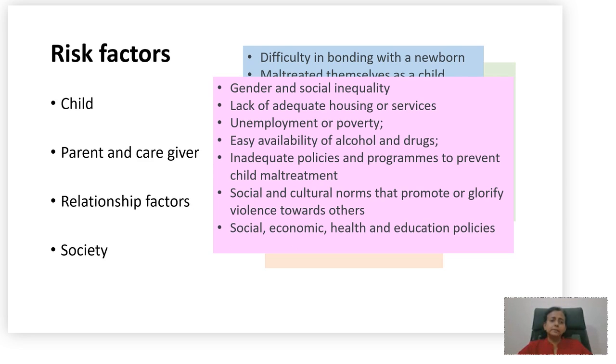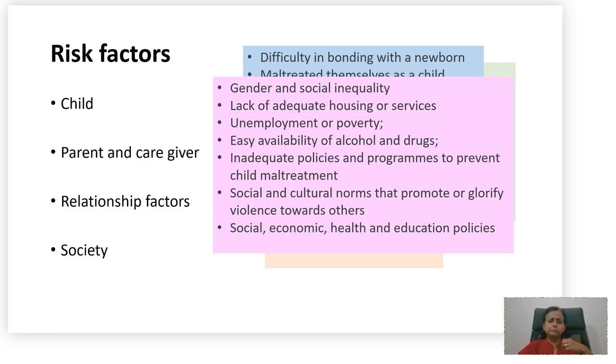And then there are certain factors, the parent or caregiver factors. Difficulty in bonding with the newborn. If the child is premature and has been put into the NICU, then the bonding is not seen. They have been maltreated themselves as a child. There is lack of awareness of child development and also having unrealistic expectations.